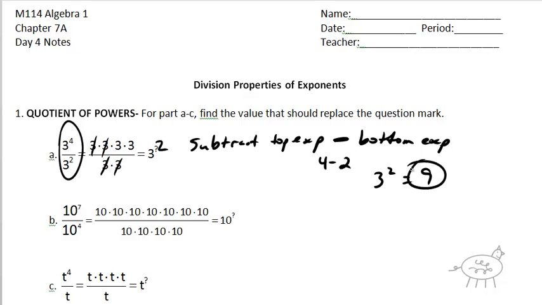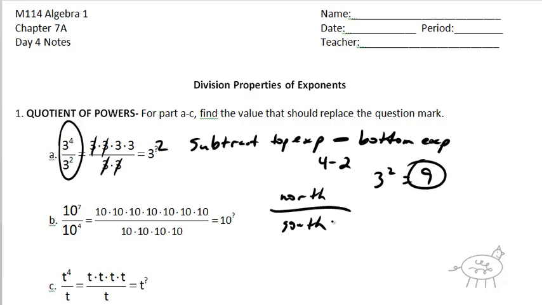A better way to show this, and it's less mathematical but a little more fun: the Civil War was between the North and the South. When we treat numbers with exponents, it's like a battle between the North and the South, because on a fraction you have a north side and a south side.